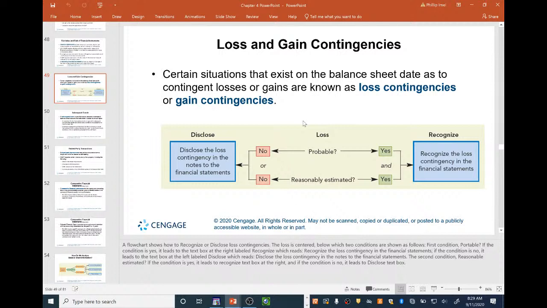So see how these things tie in to why we were talking about all those matching concepts and conservatism. Because if you know the framework, then it can help guide you onto rules like this. So we know we're not going to include a gain contingency, because that could be misleading. It could overvalue the company. But we do want to include a loss contingency, because we want to be conservative. If there's a chance we could incur a loss, then we want to make sure that that's known, right?